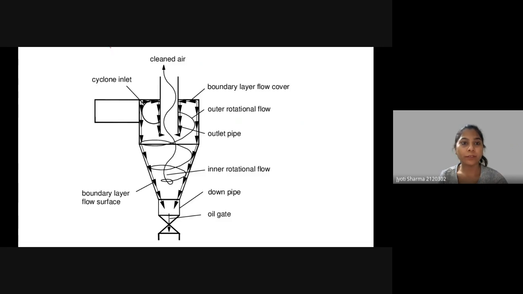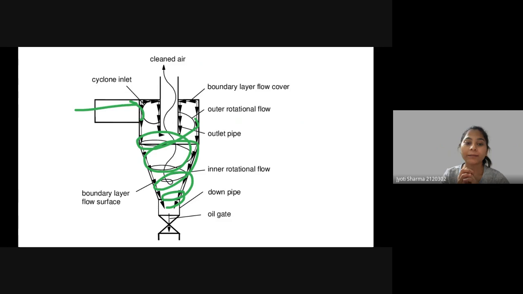So I have this figure. Whenever we have any gas, let's say gas is coming from here, it will move in a circle like this. And every time there will be centrifugal force, right? The centrifugal force means your particle will collide with the wall, and whenever it collides with the wall, it will be deposited.